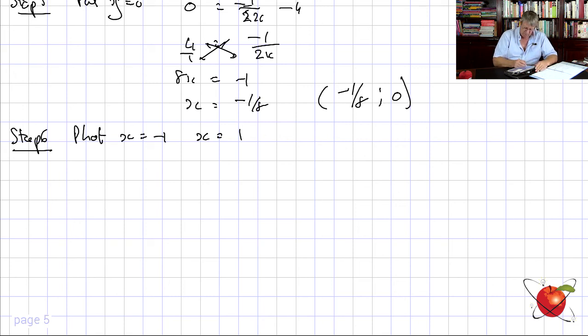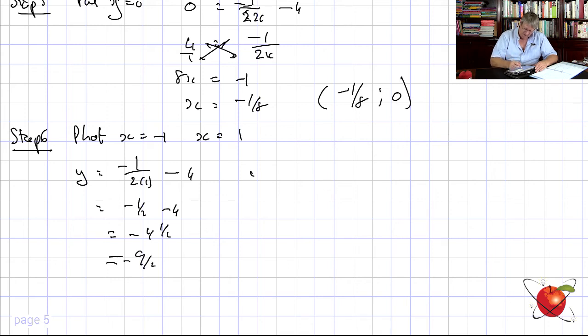So therefore, y is going to be equal to minus 1 over 2 times 1, minus 4. That's going to be minus a half minus 4, which is minus 4 and a half, minus 9 over 2. And y is equal to minus 1 over 2 times minus 1, minus 4.